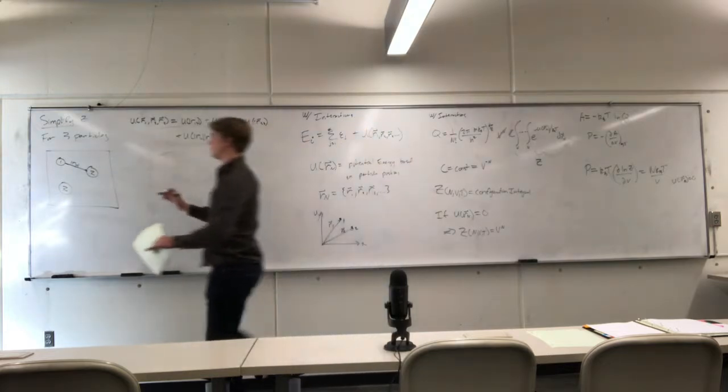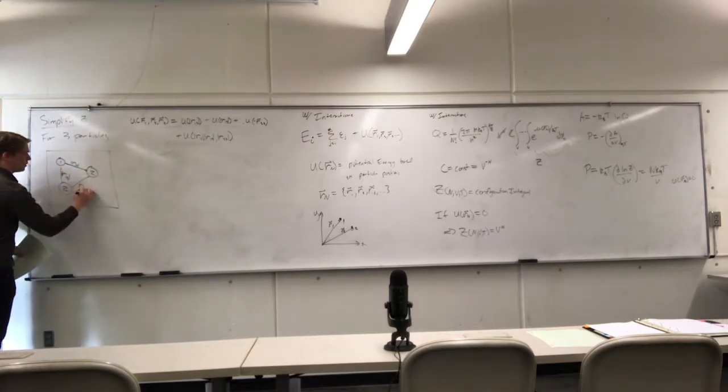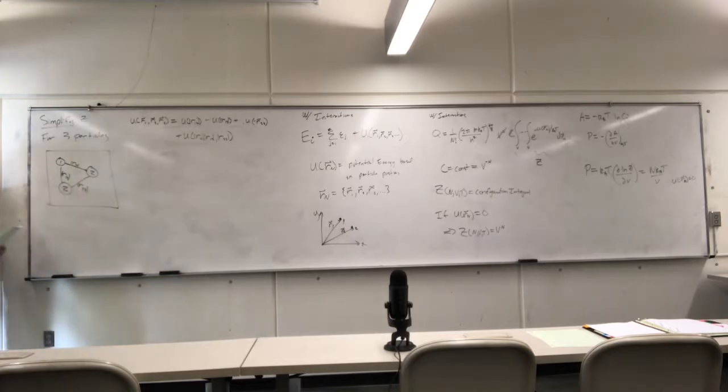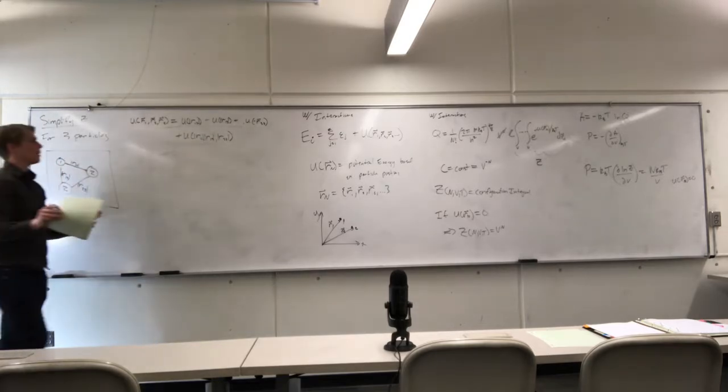So let's recap. This is R13. This is R23. So you have 3 particles. Some might be attracted, some might be repelled. We don't have to worry about that right now.